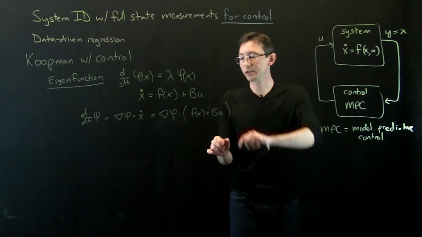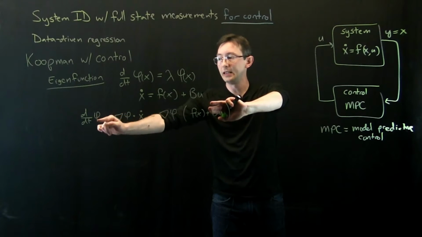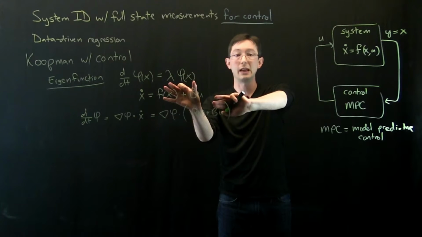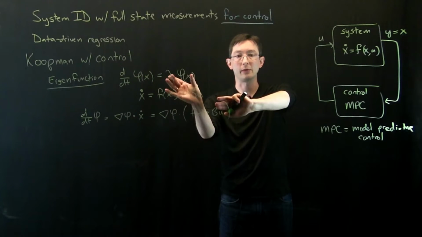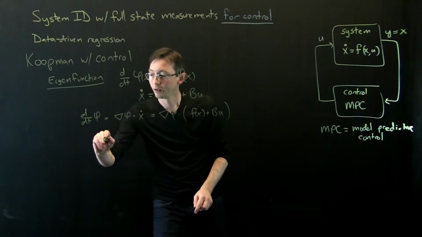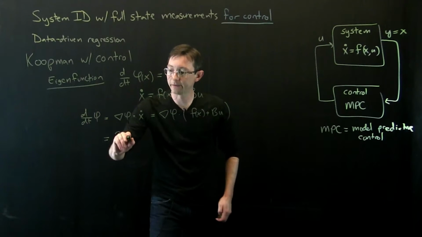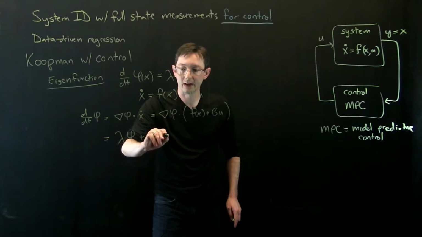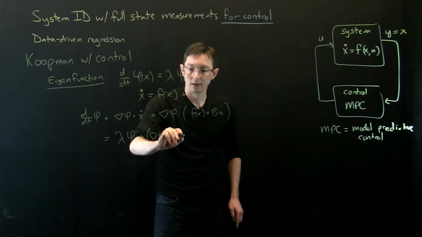But remember, if I just took my unforced dynamics, then d/dt of phi would equal grad phi dot f of x, and this would equal lambda phi. So I can take this part and replace it with lambda phi. And I get d/dt of phi equals lambda phi plus grad phi dotted with B times u.